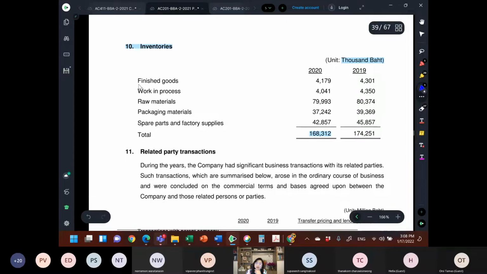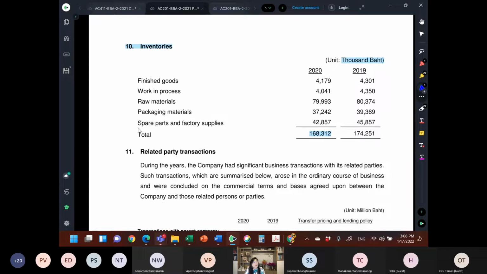If you look at note number 10, you get to see the breakdown detail of the inventory. The company has finished products for 4 million, work in process for 4 million, raw materials for 80 million, packaging material for 37 million, and spare parts and factory supplies for 43 million.